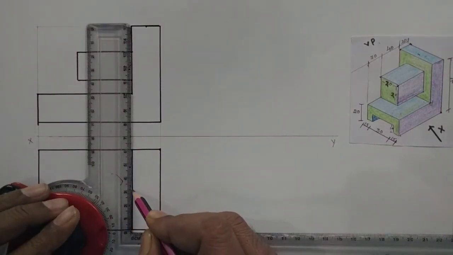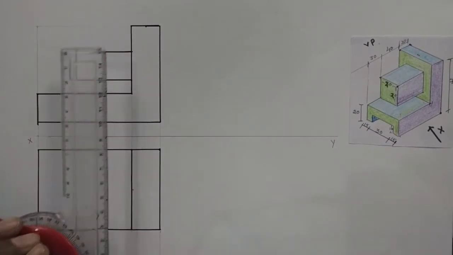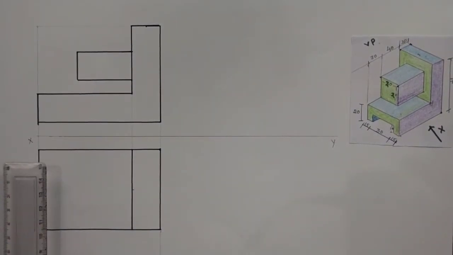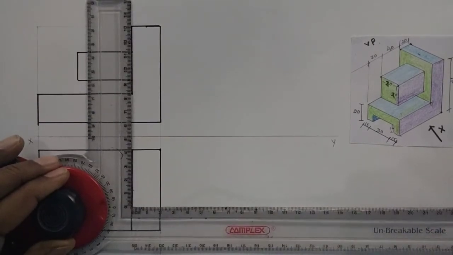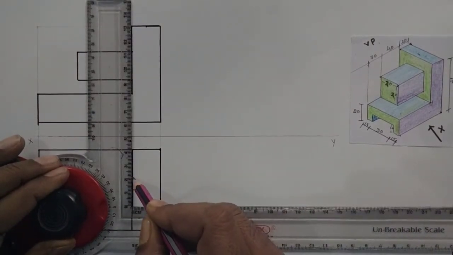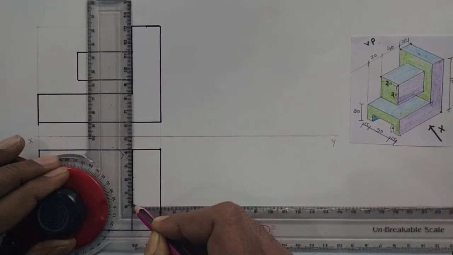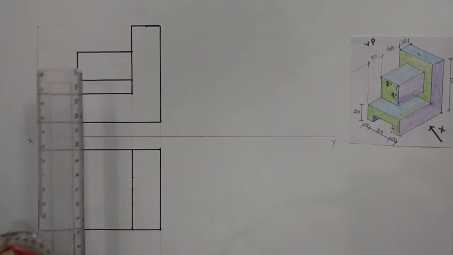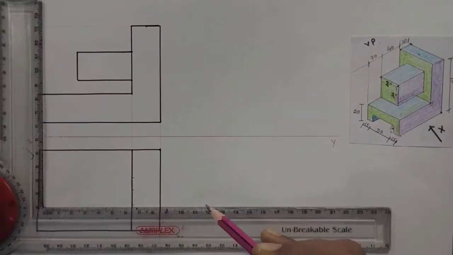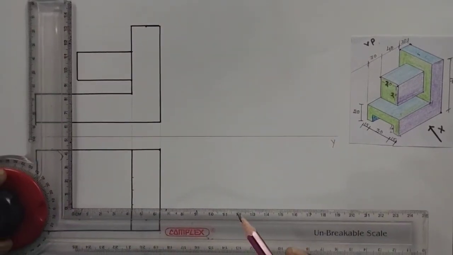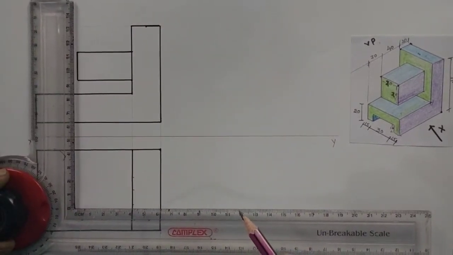I take the center of 60 mm, that is 30 mm at the middle point. From this point I move both sides 10 mm. Then simply we draw the 40 mm.